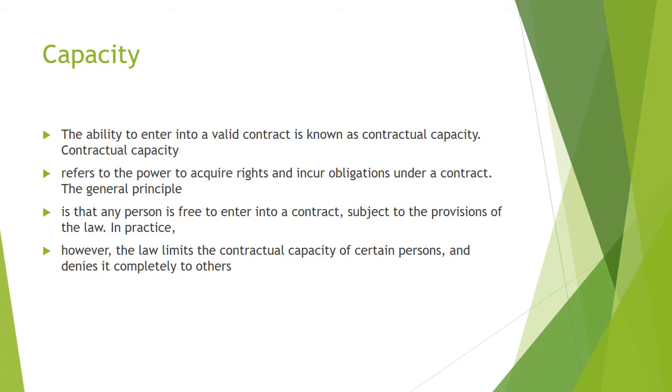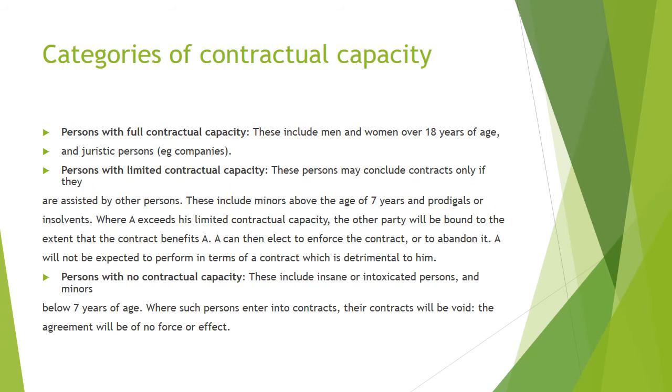The general principle is that any person is free to enter into a contract, subject to the provisions of law. In practice, however, the law limits the contractual capacity of certain persons and denies it completely to others. In depth, let's look at categories of contractual capacity.